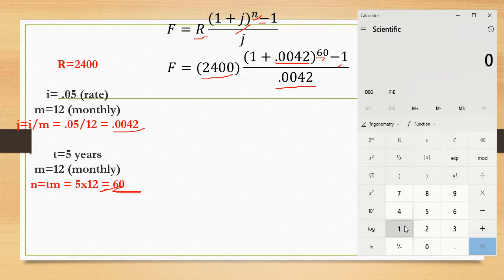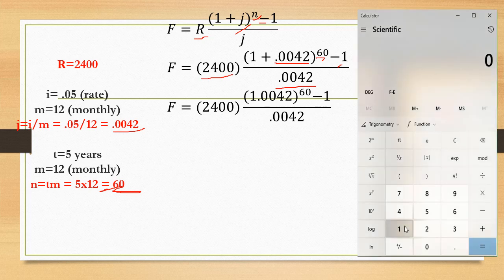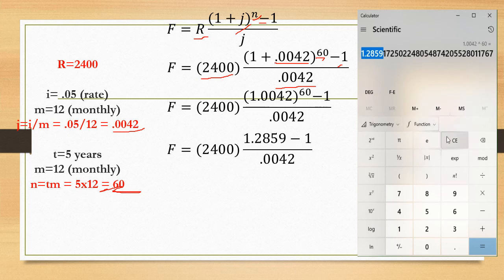Now, adding 1 plus 0.0042, we will have 1.0042 raised to 60 minus 1. Let us compute that using our calculator. 1.0042 raised to 60, and that should give us about 1.2859.